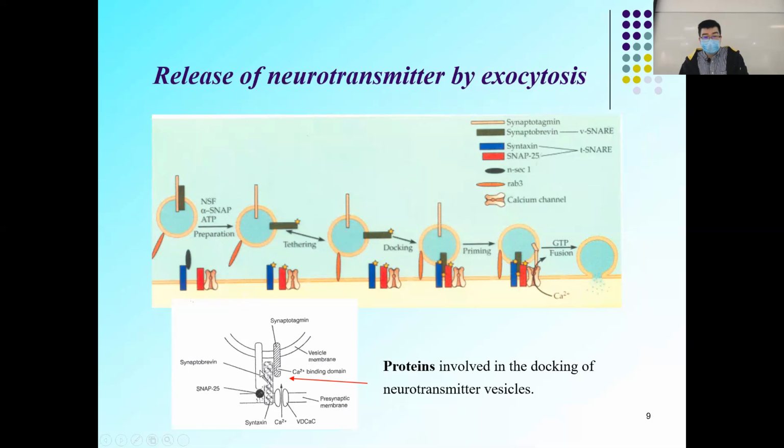Okay, when it's docked, these proteins, particularly synaptobrevin and SNAP25, bind together. And then synaptotagmin will detect the calcium level. Next to it will be the voltage-gated calcium channels. You can see that the vesicle containing the neurotransmitters will come in, and then we'll try to dock it.